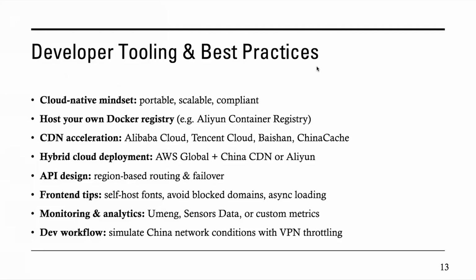And one thing to notice here is that in order to use CDN acceleration within mainland China, you need to have an ICP license. If you don't have an ICP license, you won't be able to use this, which means your app will be super slow.